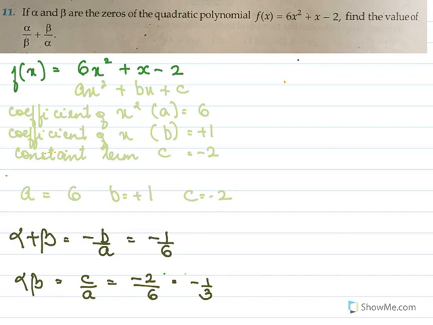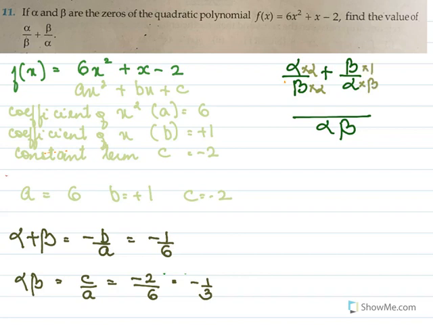Now we need to find alpha over beta plus beta over alpha. So we're going to find the LCM. LCM is alpha beta. Now we will multiply this by alpha and this also by alpha to make it alpha beta, and this denominator by beta, to make it alpha beta. So what we get up here now is alpha square plus beta square.